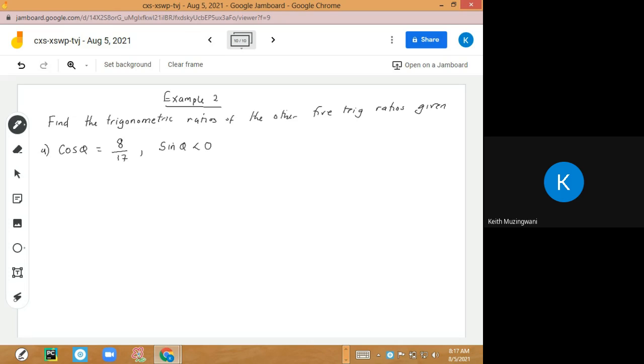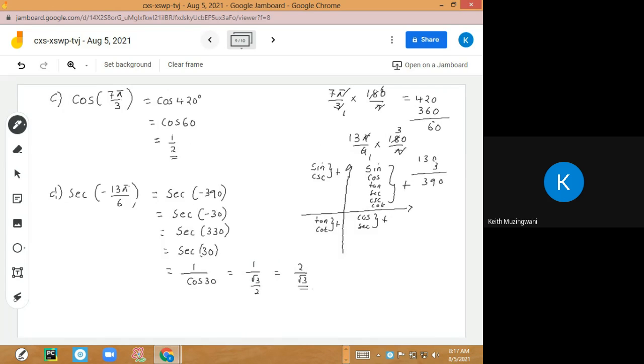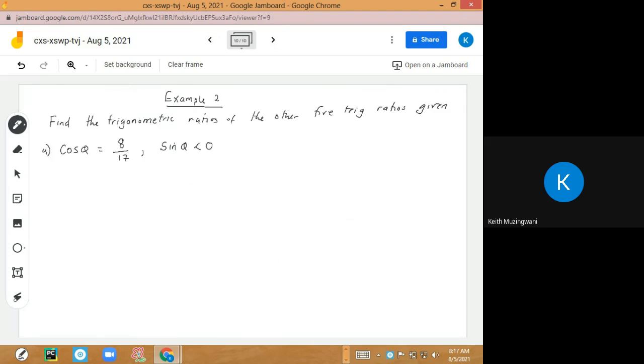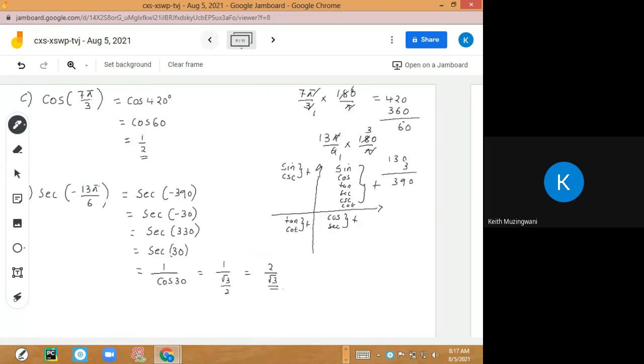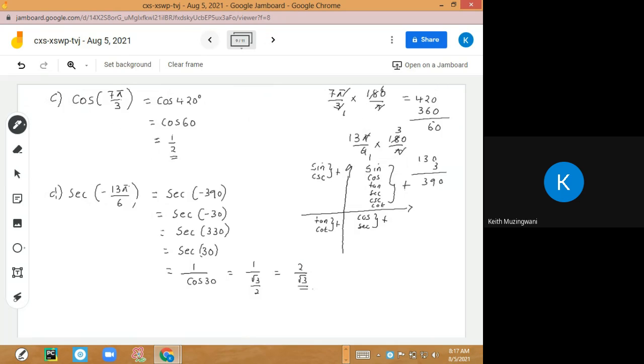What does this mean to you? The quadrant. Sine must be positive in some quadrants, and we want the quadrant where sine is negative. Cosine has to be positive, as you can see 8 over 17 is positive, meaning we're talking of the first or the fourth.